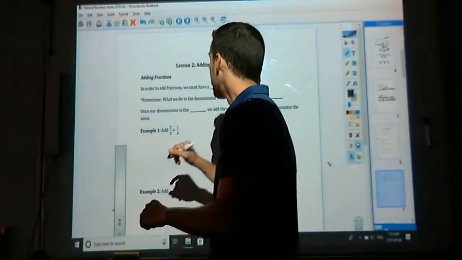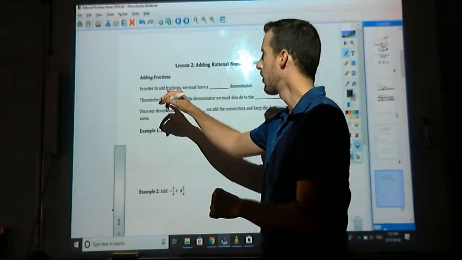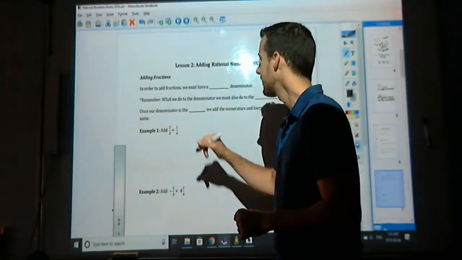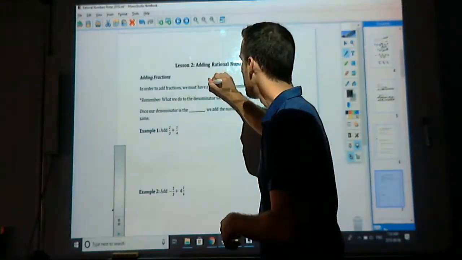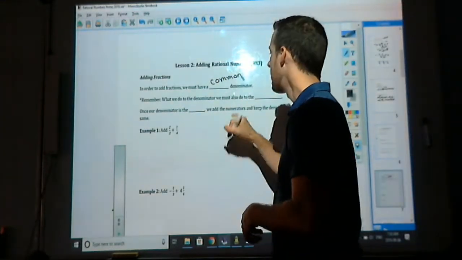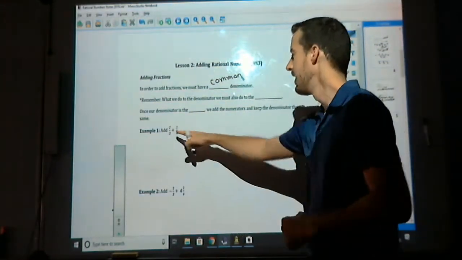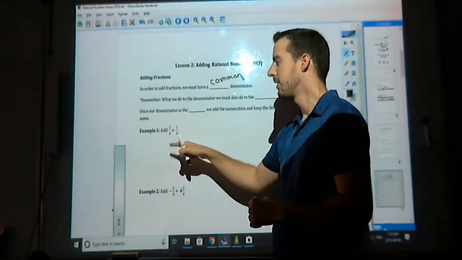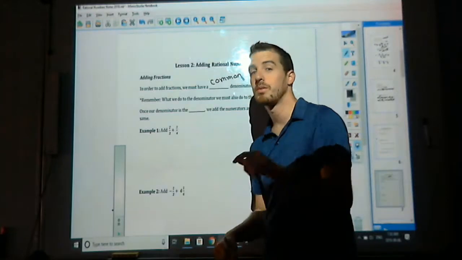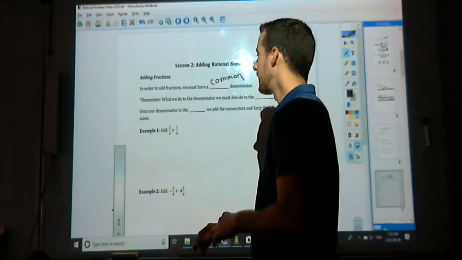Alright, so first we're going to start with adding fractions. In order to add fractions, we must have a common denominator. That's the bottom number, right? D for downstairs. These two numbers need to be the same anytime we're adding or subtracting fractions. When it's multiplying or dividing, we don't have to worry as much.